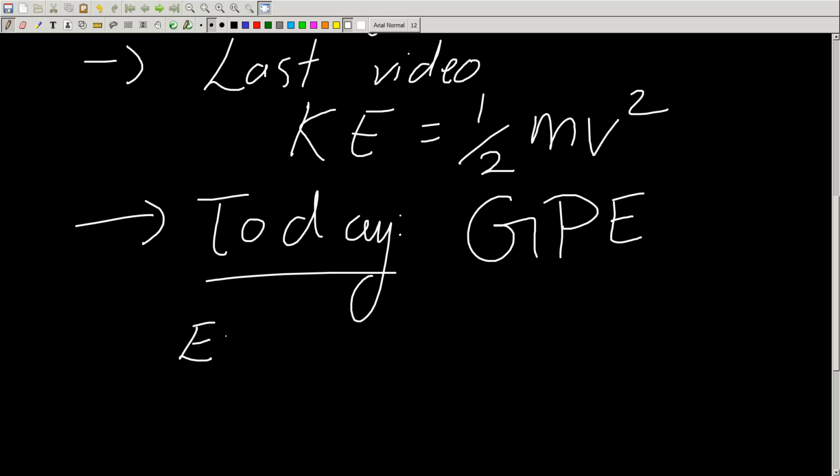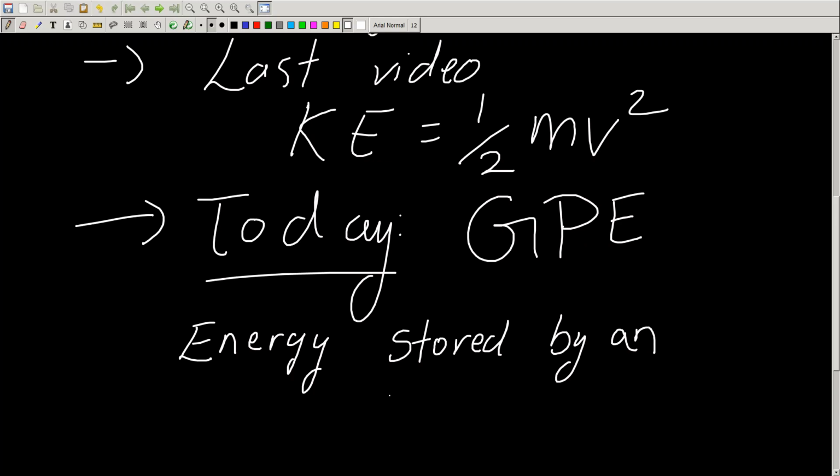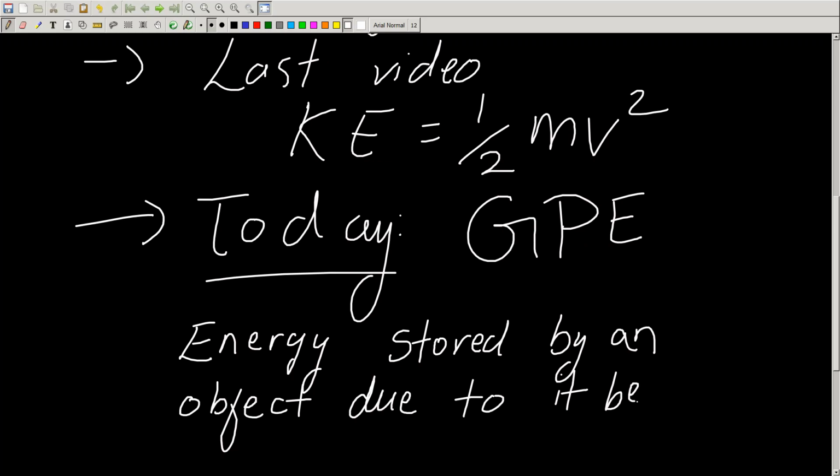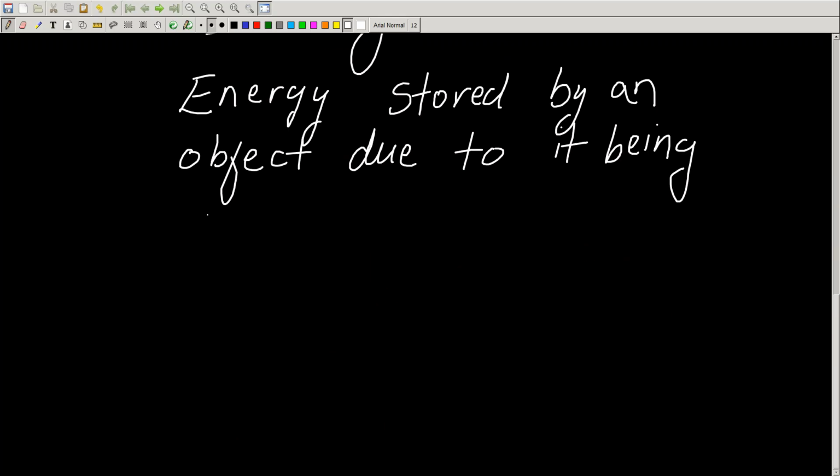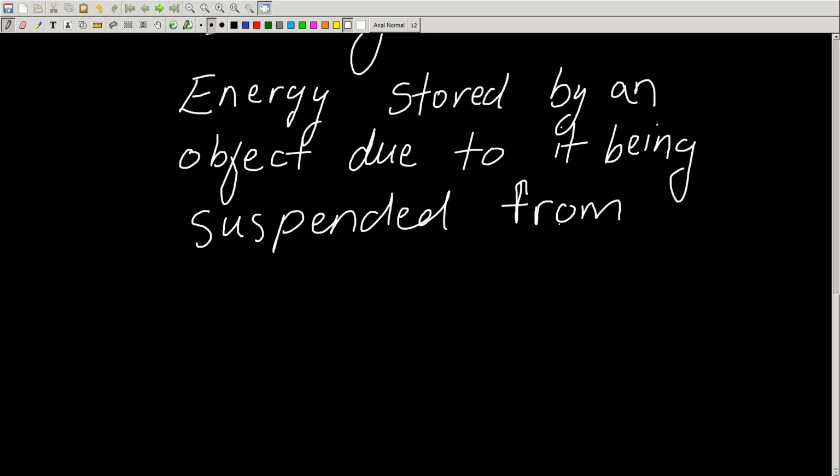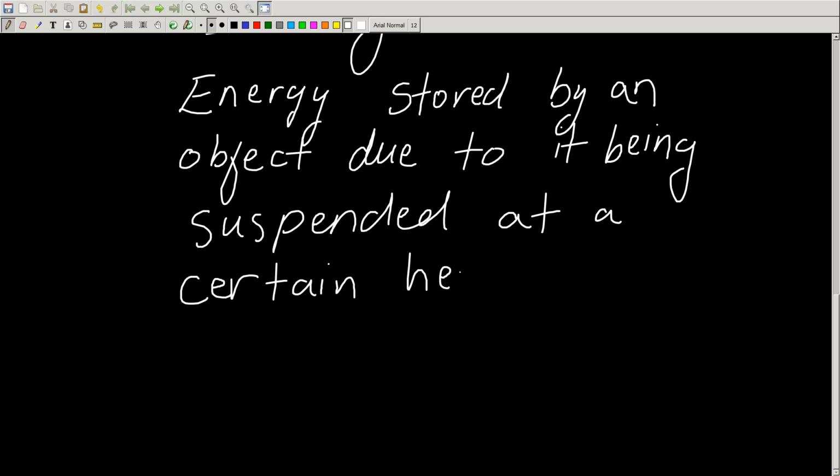So this is energy stored by an object due to it being suspended at a certain height h.